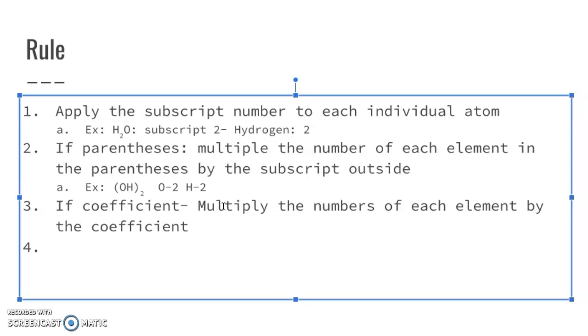So again, hypothetically, if I had OH2, but this time I had 3 OH2s, I know I have O is 1, H is 1. I then saw my subscripts in my parentheses of 2, so I multiplied it by 2. And now I'm going to multiply everything that I have coming after the 3 by 3. So I would have 6 and 6.